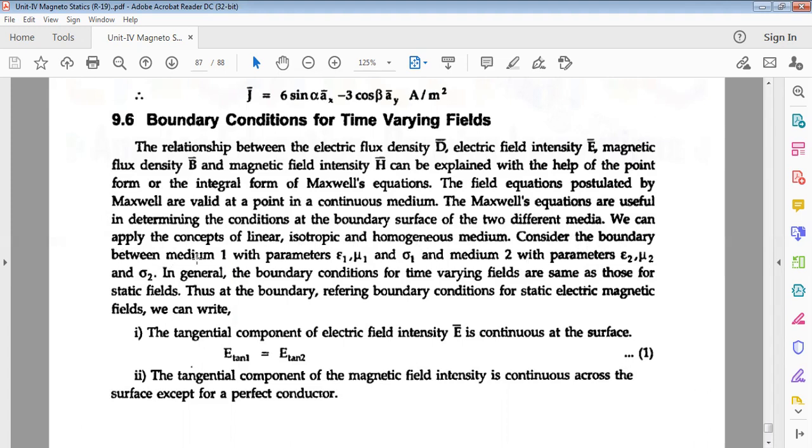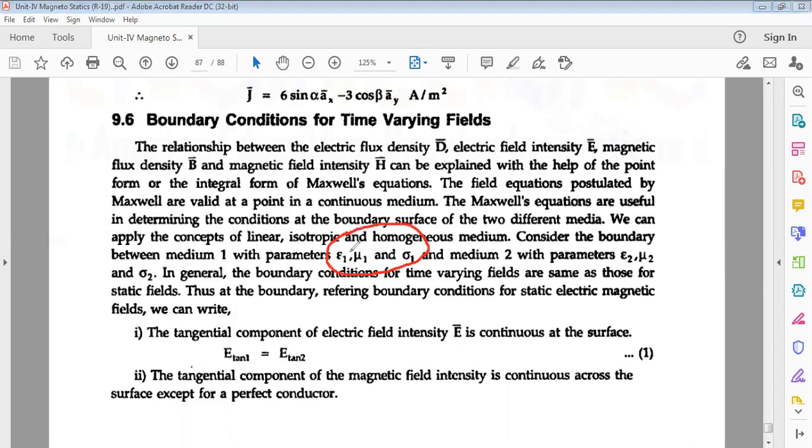Consider the boundary between medium 1 with parameters epsilon 1, mu 1, and sigma 1. Sigma is conductivity, epsilon is permittivity, and mu is permeability. These three parameters are in medium 1.